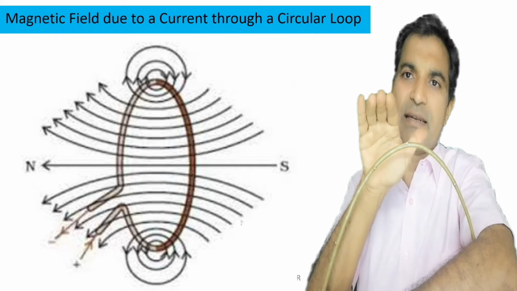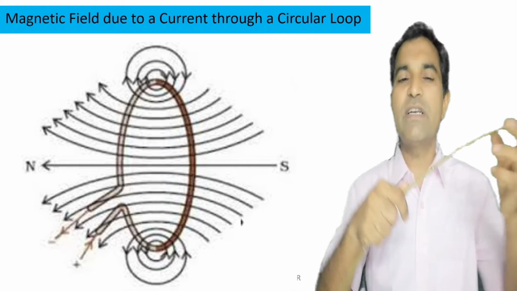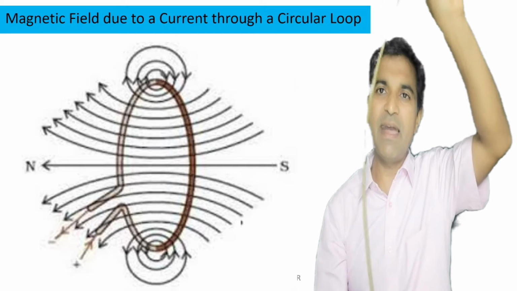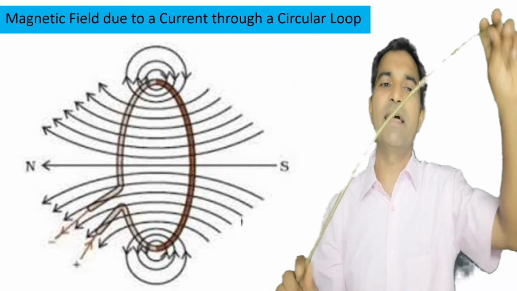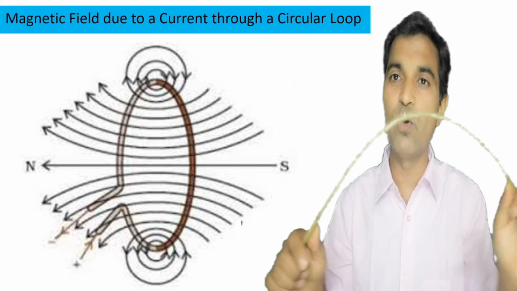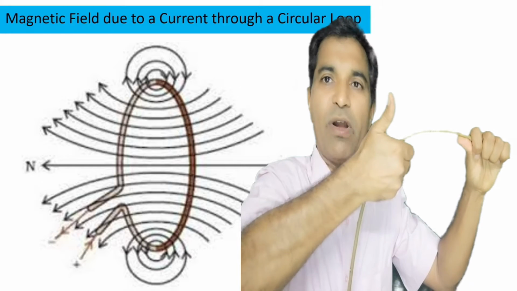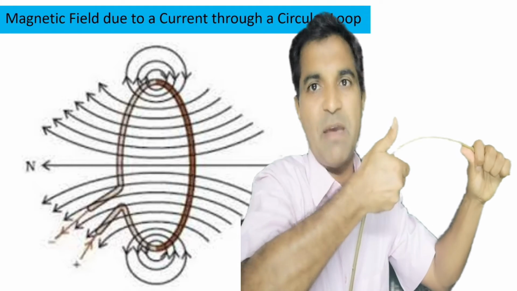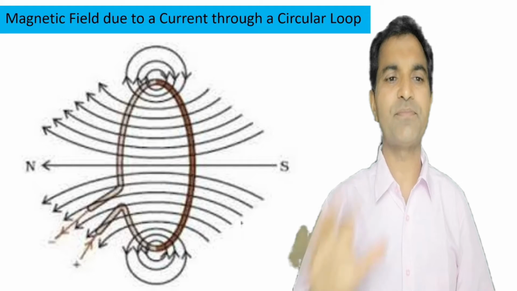So it is very clear that if we bend a straight conductor in a circular shape, then the direction of the magnetic field due to the circular loop will be pointing inside the paper, inside the screen. So this way we can represent it.